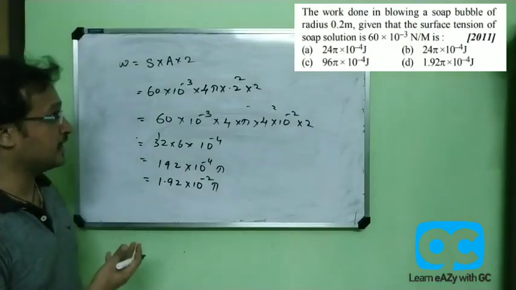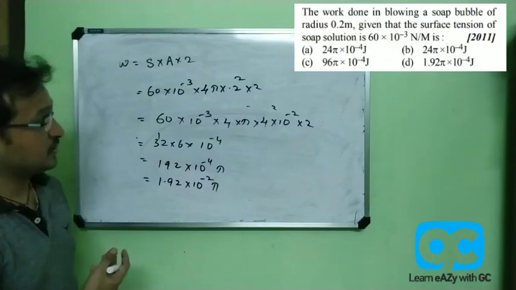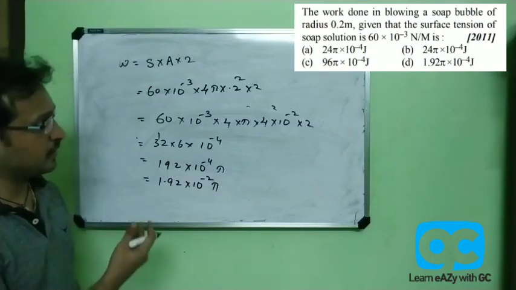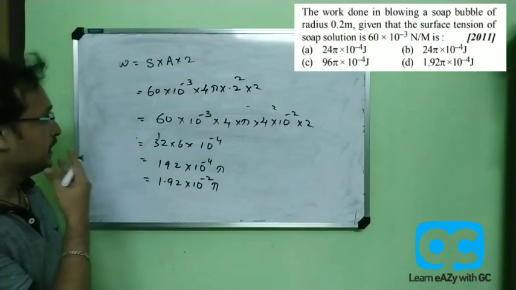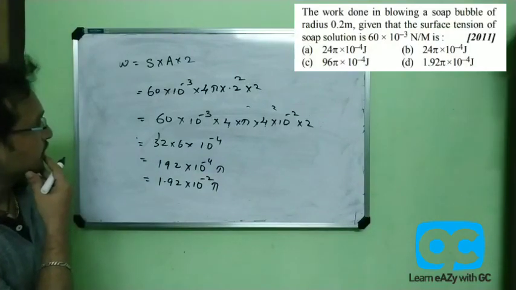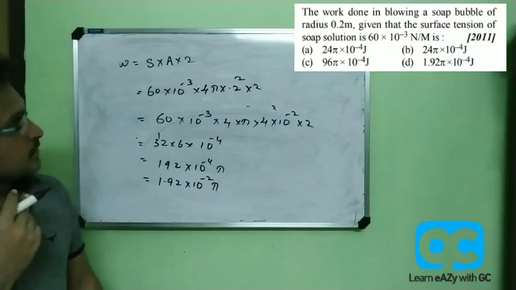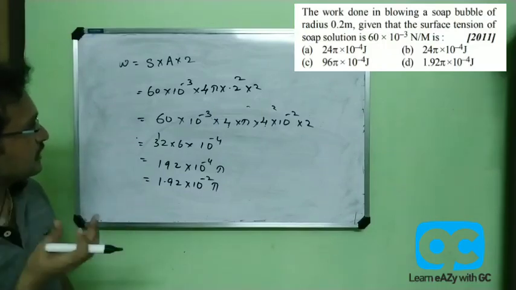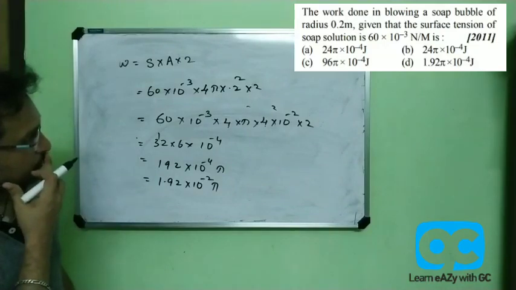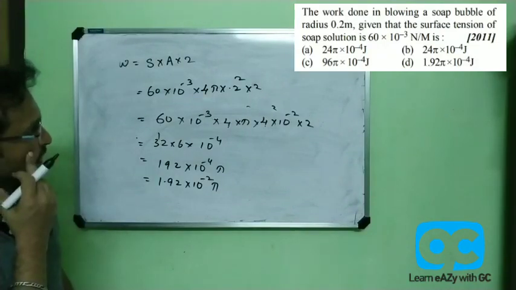Is it correct, right? Just check yourself again. I don't know whether I made a mistake in my calculation. I don't find any mistake. 60 into 10⁻³ into 4 pi into 0.2 square. 0.2 square is 0.04, so 4 into 10⁻².